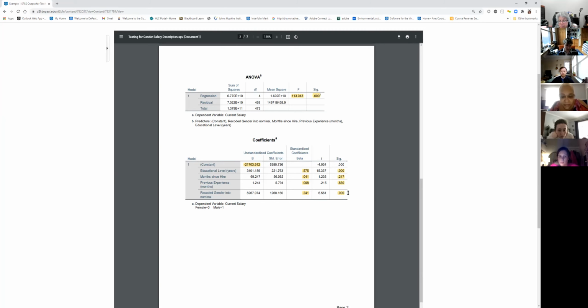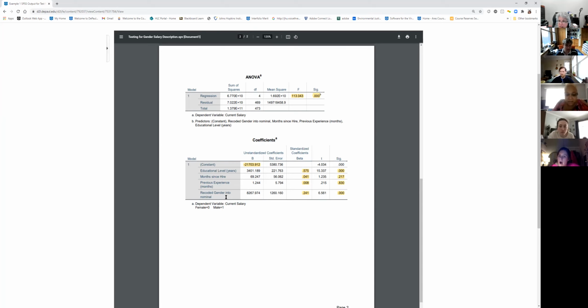Does gender impact our relationship between X and Y? Does the control matter? Yes or no? Yes. Correct. Jillian, how did you come up with that conclusion? It's less than 0.05. Right.